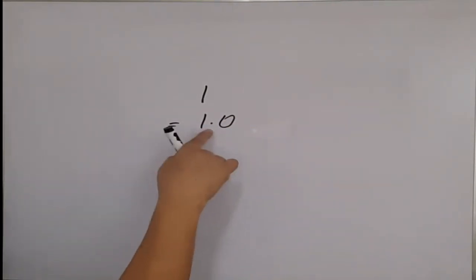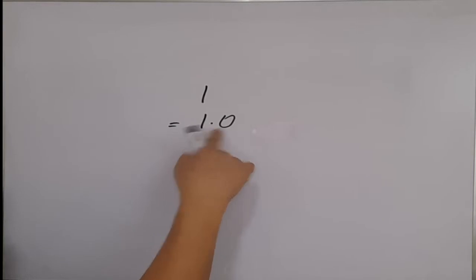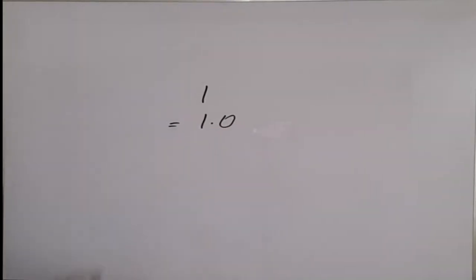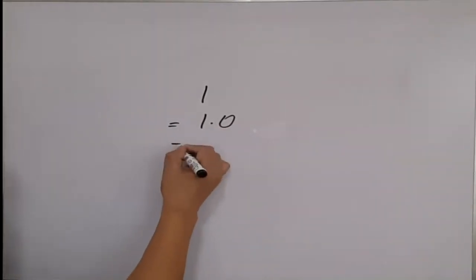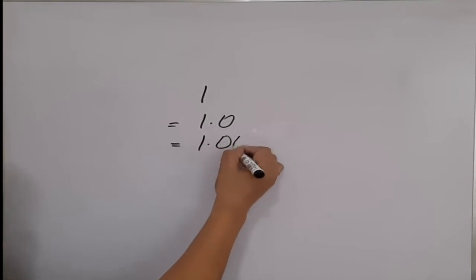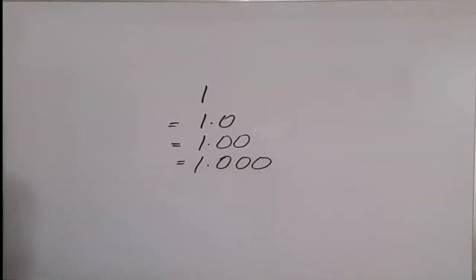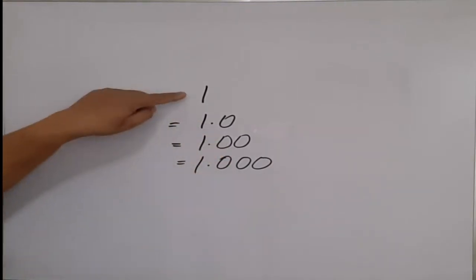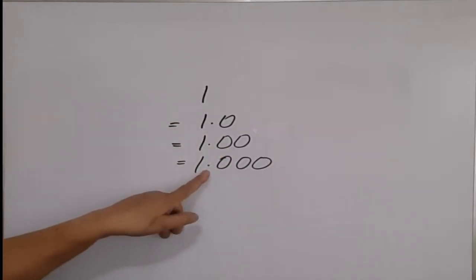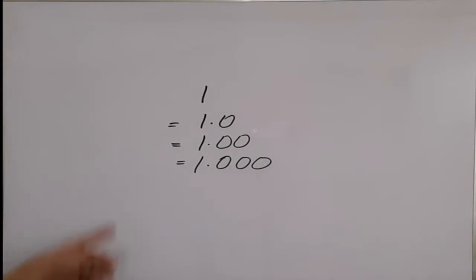So a 0 after a decimal does not affect the value of your 1 or any number. So this is also equal to 1.00, which is equal to 1.000. The zeros do not affect the value of 1 if they are after a decimal point, and this will help you in converting fractions into decimals.